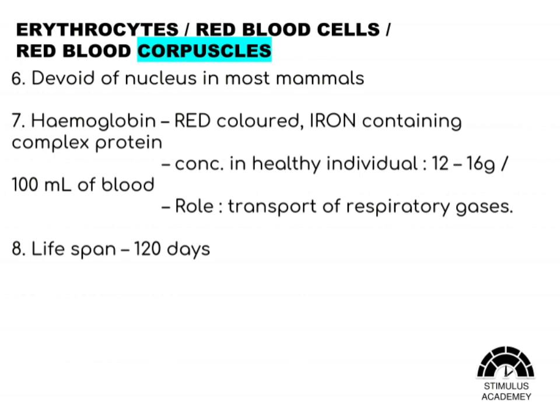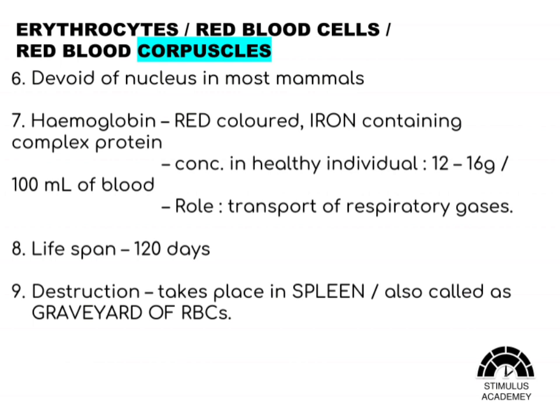Lifespan: 120 days. The lifespan of normal RBCs is 120 days. This question has come in AIPMT or NEET exams multiple times. The destruction of RBCs takes place in the spleen. Spleen is also called the graveyard of RBCs.